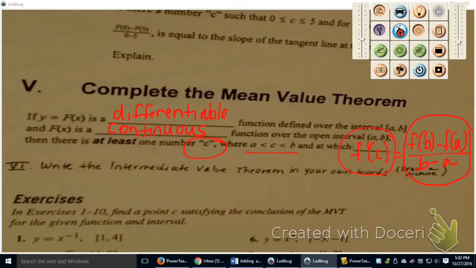What the intermediate value theorem says is that if you have an interval a to b, and you have a function with f of a and f of b, that if you pick any number c between a and b, then f of c will fall between f of a and f of b.